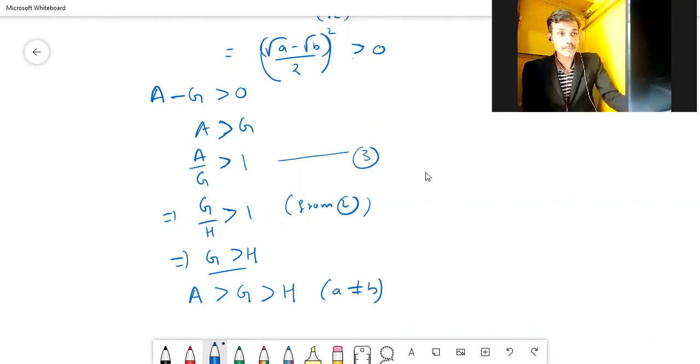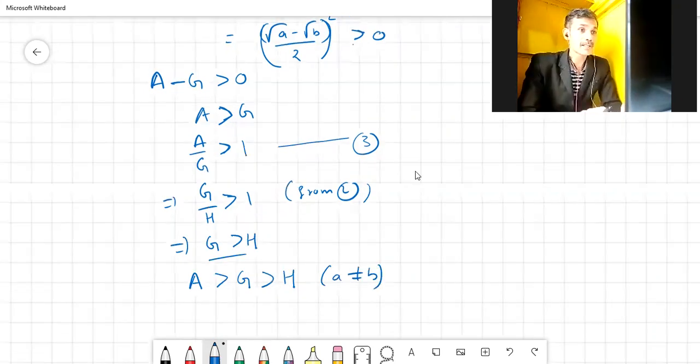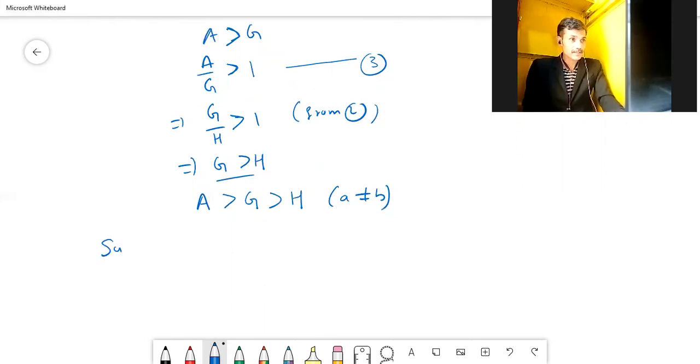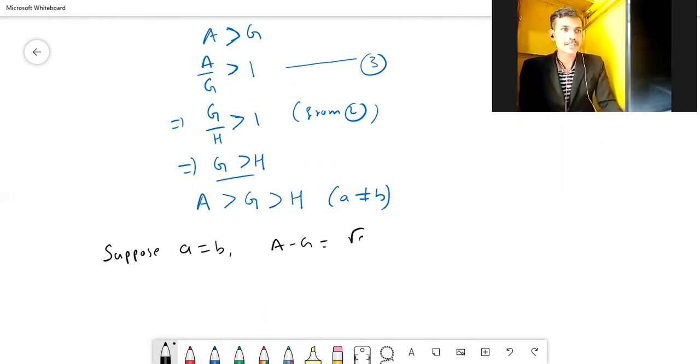Okay, suppose A and B are equal, then what happens? Suppose A and B are equal, then the A minus G value. A minus G we have already calculated, we got this.